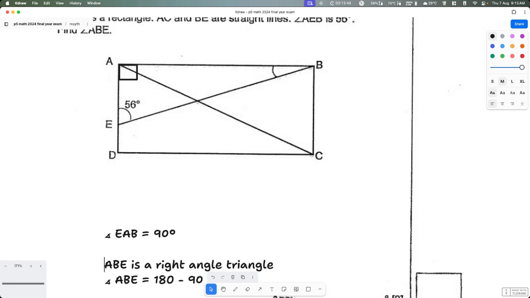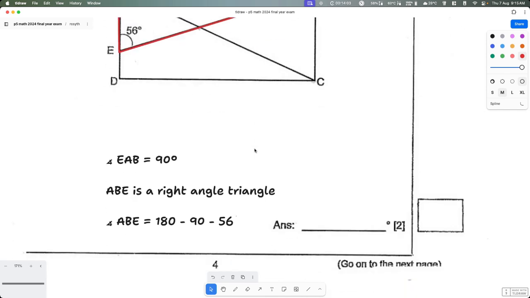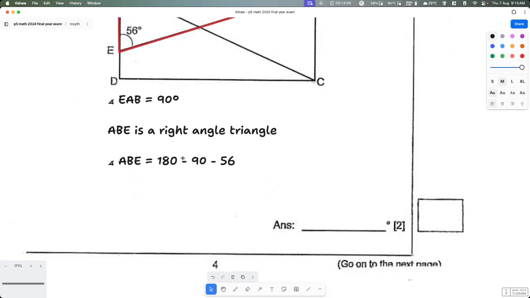In this case over here, I'm going to draw the line like this: 1, 2, and 3. This is a right angle triangle. So now from this, 90 minus 56 will be 44 degrees. That's what you see over here.